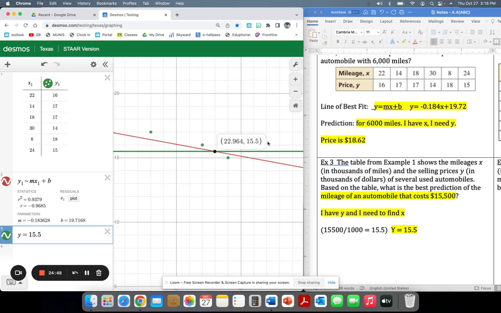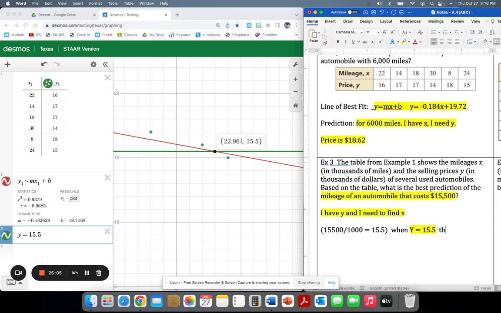So when y is 15.5, x is 22.946. So 22.95.